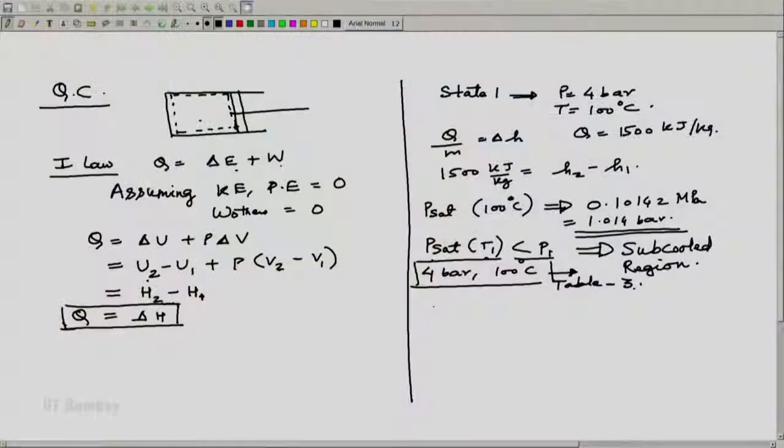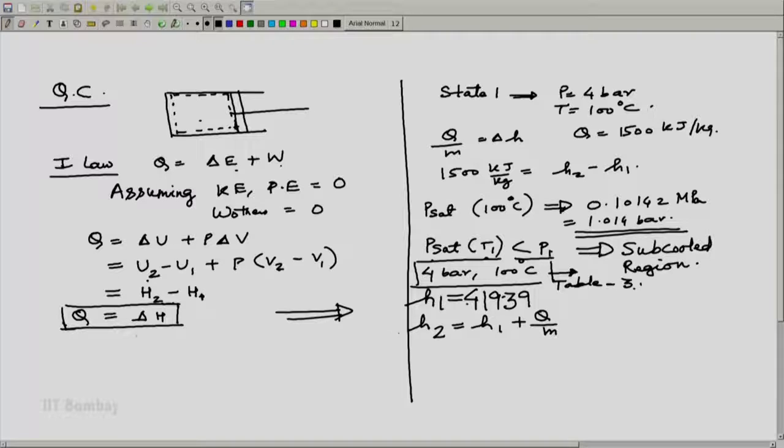So H1 is equal to 419.39. So my H1 value is equal to 419.39, alright. And as we understand from here, Q is equal to delta H. So my H2 is equal to H1 plus Q by M, isn't it?